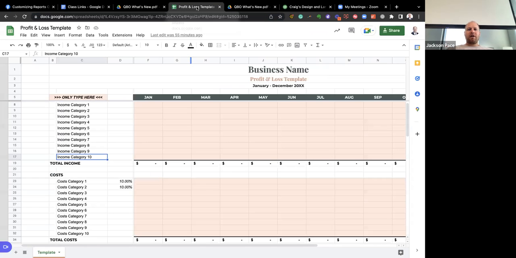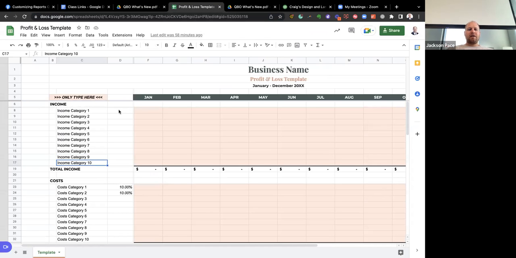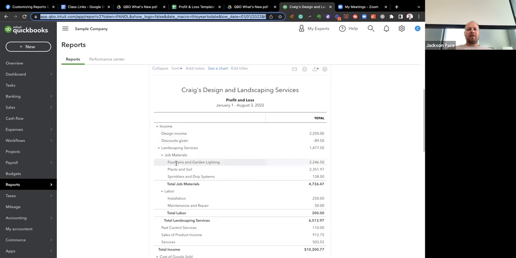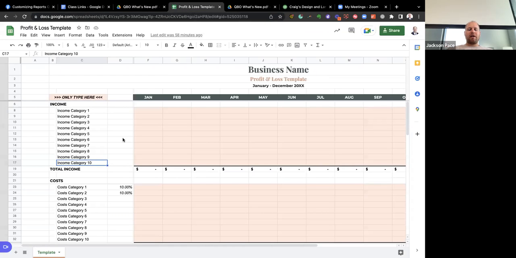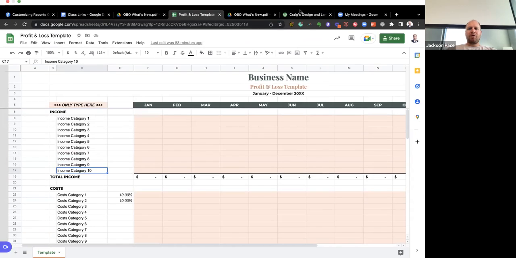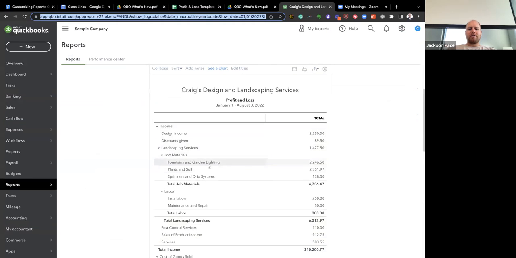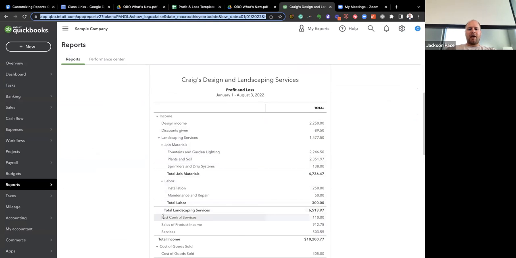So if we come back over here, profit and loss. Going back to Craig's Design and Landscape Service, the different income categories, they have quite a few. As we come over to here, it's a template, so we have 10. But we could start to mirror theirs a little bit. For example, as one of their income categories, they have, let's just say, pest control services.